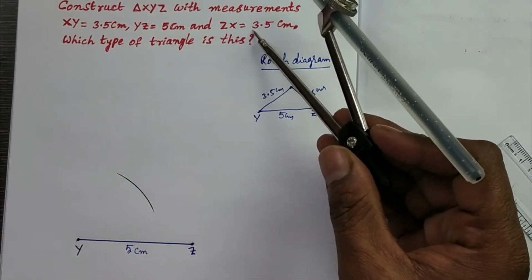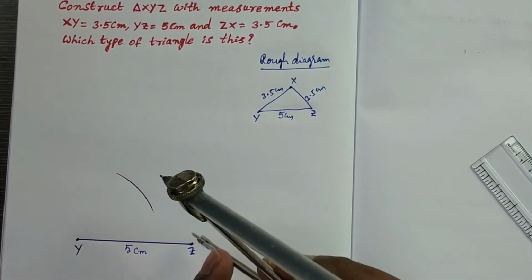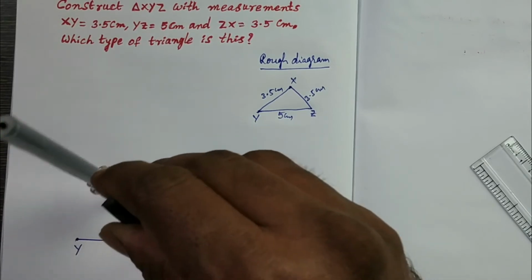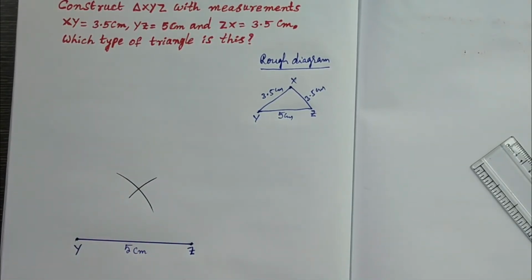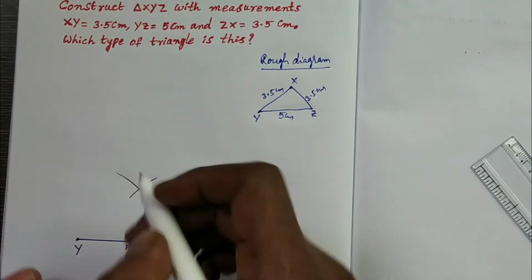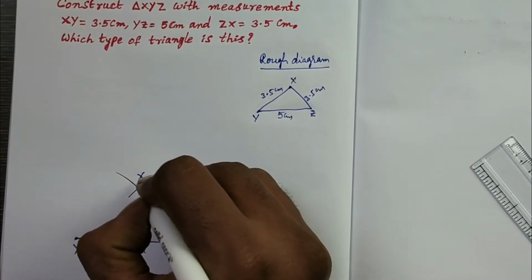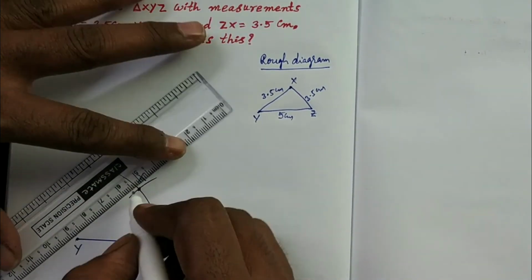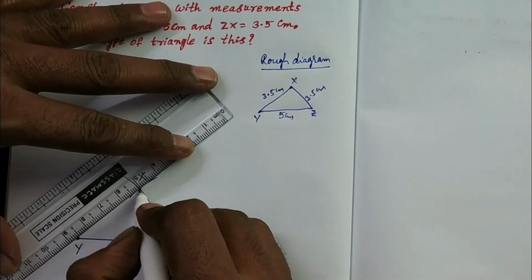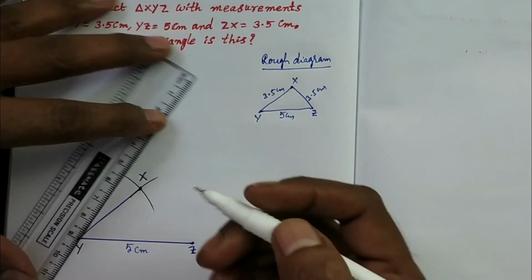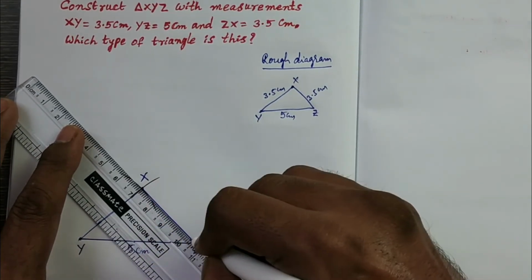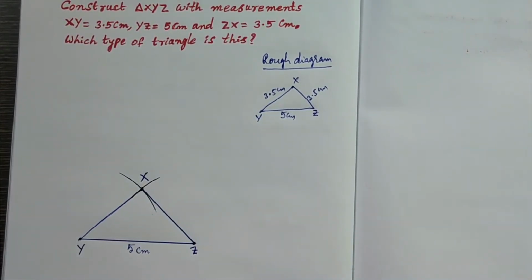Same, ZX is also 3.5 centimeters. So take Z as the center, same, this 3.5 centimeters as radius. Draw an arc. So the both arcs intersect at X. Now you join XY and XZ, and mark the measurements.